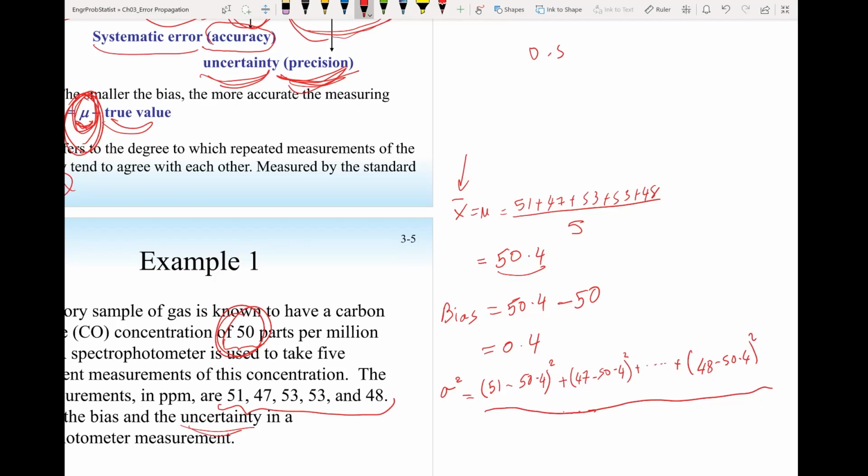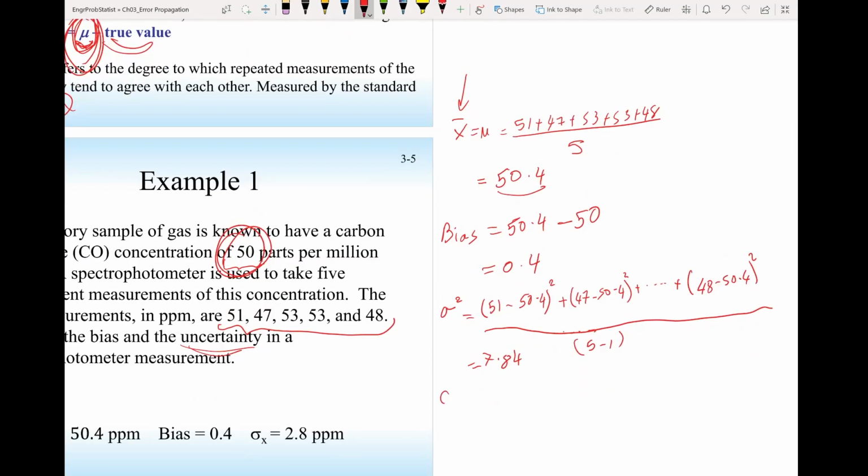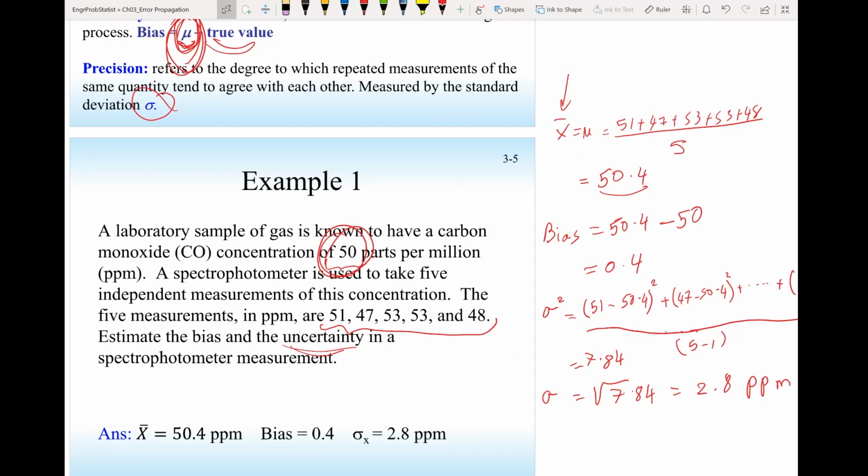Here n is 5 measurements, so n minus 1 is 5 minus 1. And if you calculate this, you should get 7.84. And the standard deviation is the square root of 7.84, so that will be 2.8 parts per million of carbon monoxide. And that's how we measure the bias and the precision of the instrument.